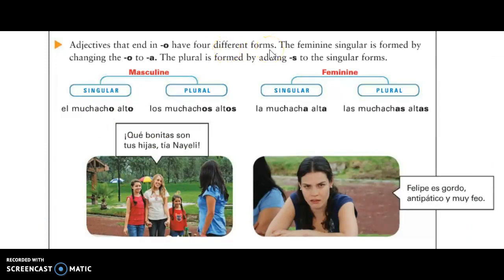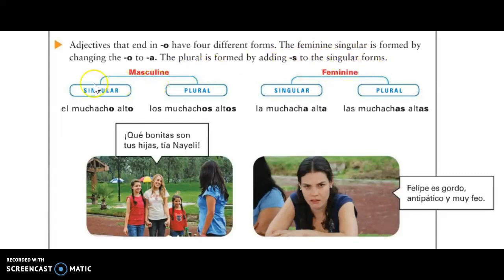And luckily, we have a Quizlet so that you can drill yourself with the online flashcards to memorize all of these rules around descriptive adjectives. The feminine singular is formed by changing the O to an A, and the plural form is changed by adding an S to the singular forms of both the masculine and feminine.